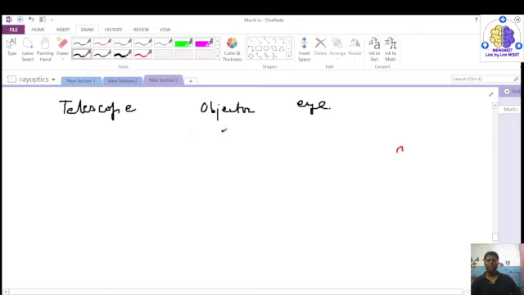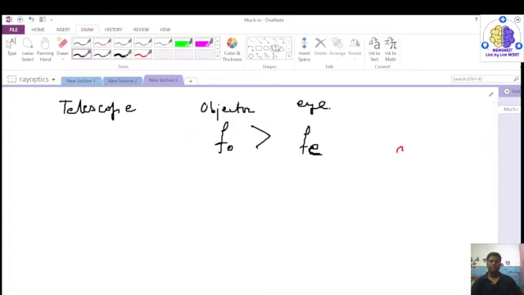Here the focal length of the objective is much greater than the focal length of the eyepiece, right? Again in this, the arrangement is somewhat like this.